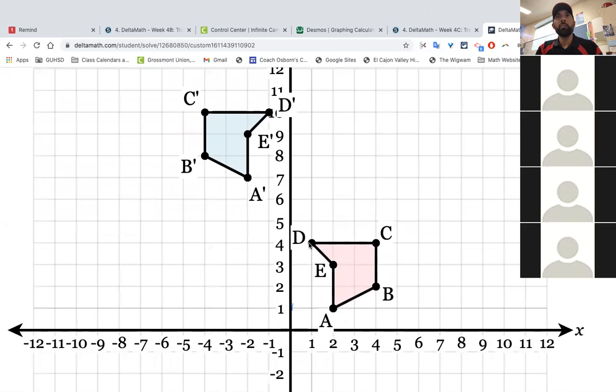All right, so here's D. And to get to D, I'm going to the right one and up 4. And what I want to do is rotate it over to the next region, which will be 90 degrees. So that means I'm going to rotate this triangle over to here. So this point will come to here.